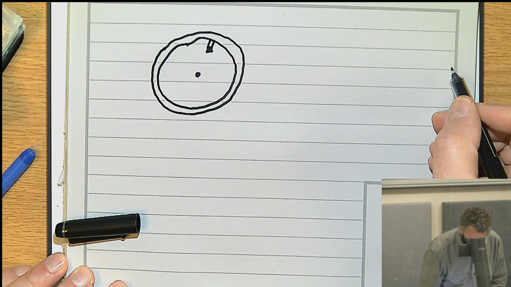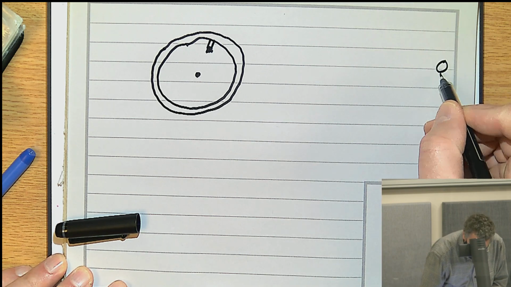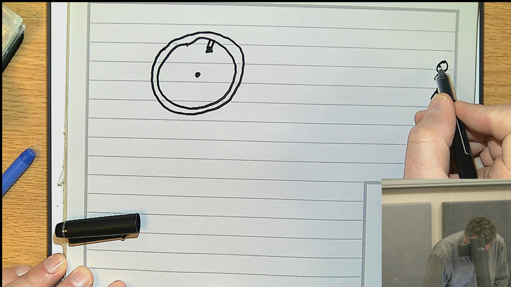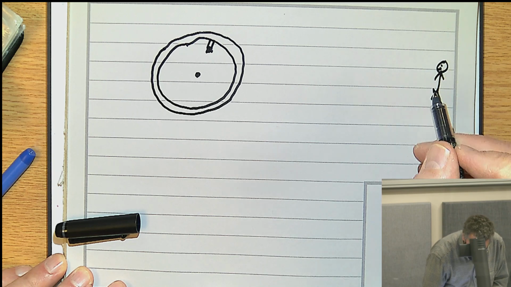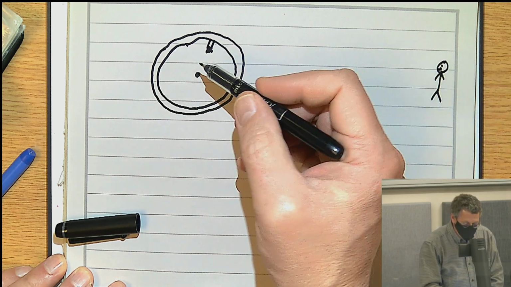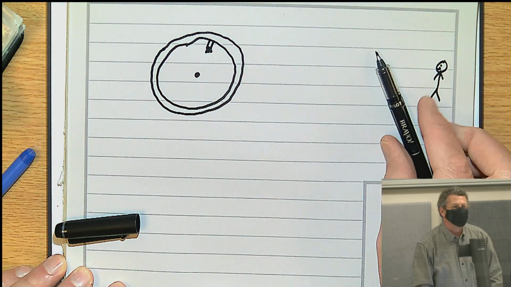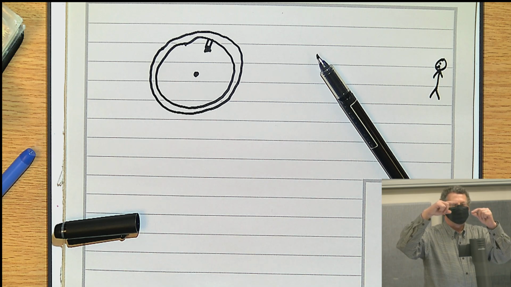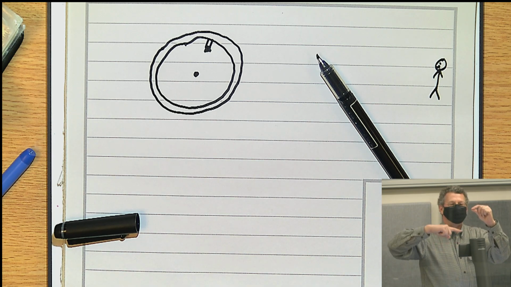And now you stand over here, and you look at this. Okay, you're looking at it. Now, if you spin this tire around as you're looking at it, and you're looking at the stem, the position of the stem, it's going around in a circle like this, right?